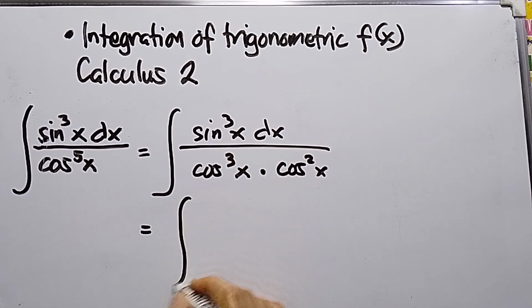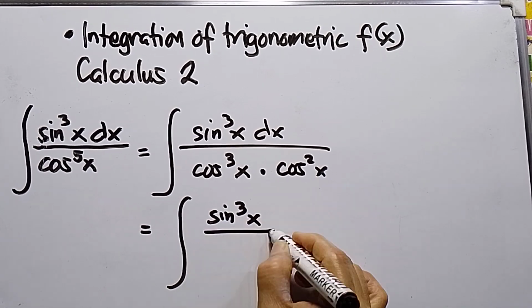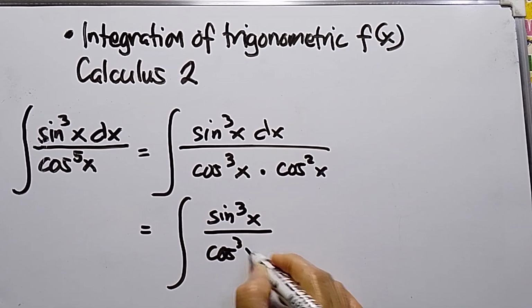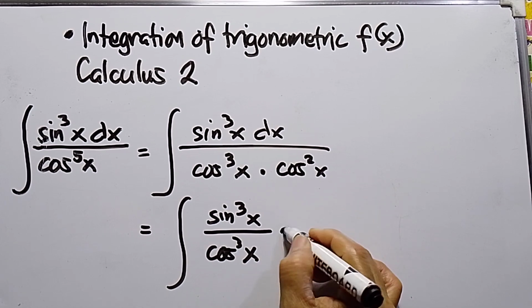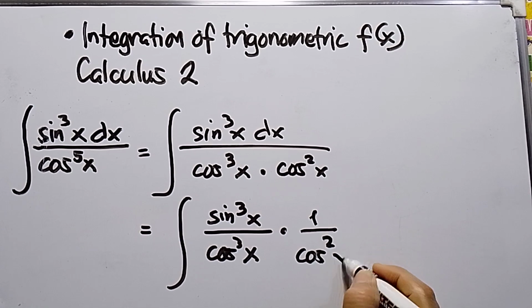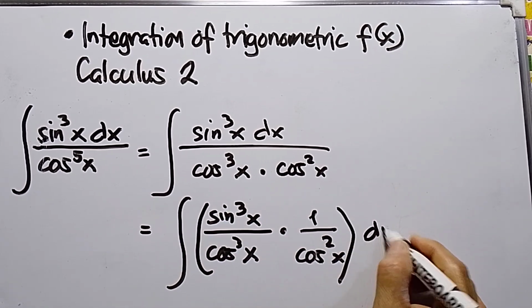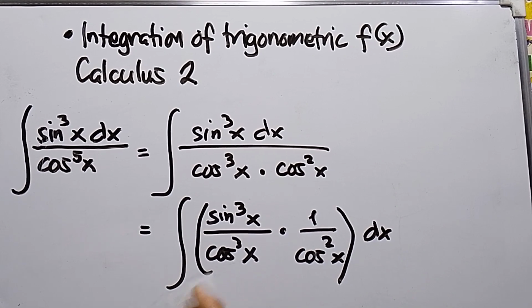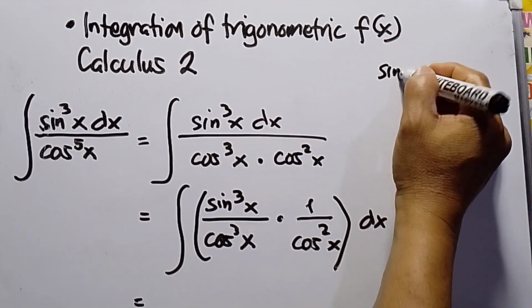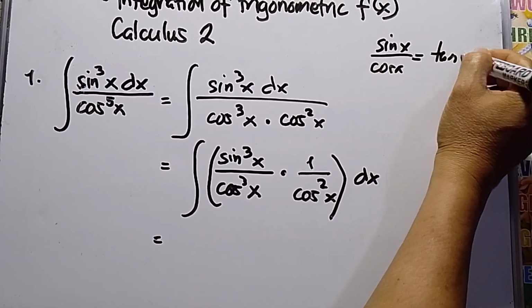So this will be sine cubed x over cosine cubed x times 1 over cosine squared x dx. And we know that sine x over cosine x is tangent x.